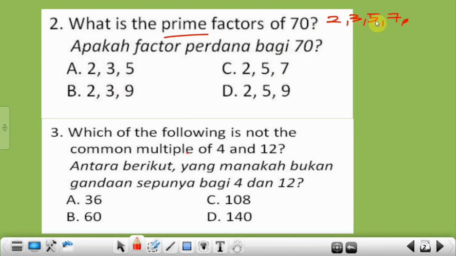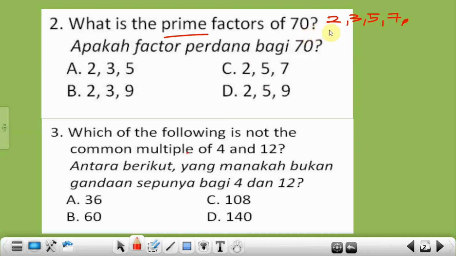A prime number is a number that can be divided by itself and also 1 only. So if this number is a prime factor of 70, then 70 can be divided by this number without giving any balance.